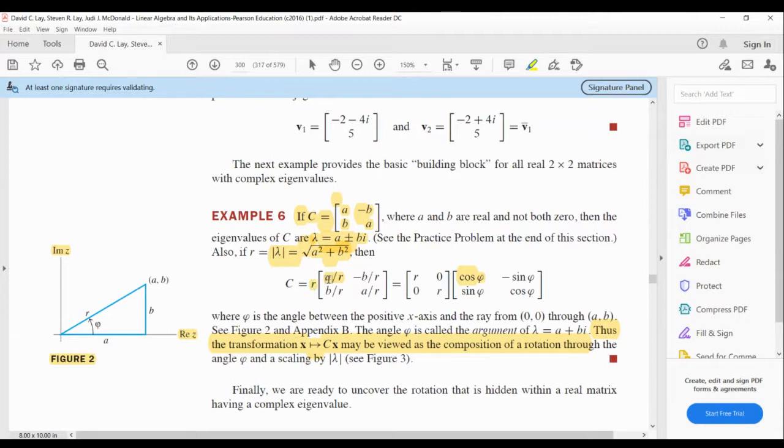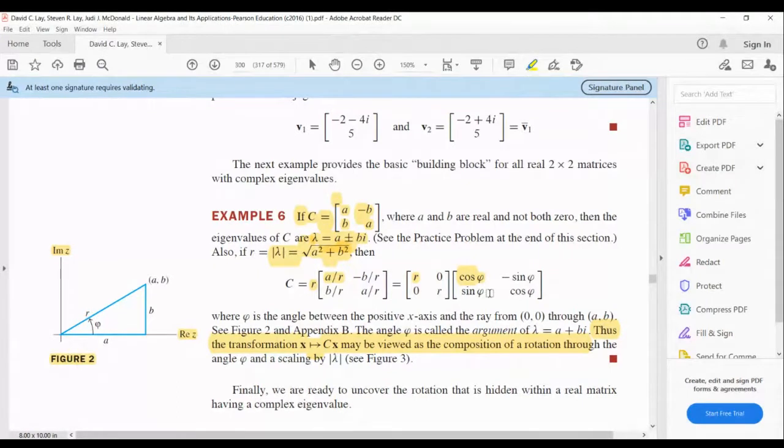In the top left-hand corner of the matrix C, you have the number A. So when you do the matrix multiplication, is r times the cosine of phi equal to A? Well, it is, because cosine of phi is A over r. So r times A over r is A. And you can verify the rest of your entries here just like that.